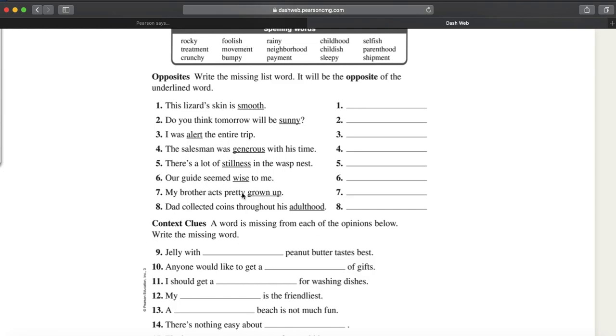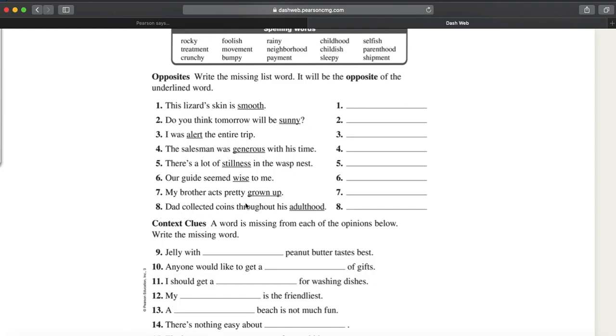My brother acts pretty grown up. Grown up means he acts like he's a big boy. So what's the opposite of grown up? Someone big is a child: child, childish, not childhood, of course. Childish.